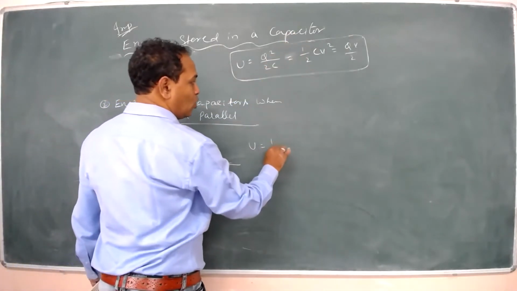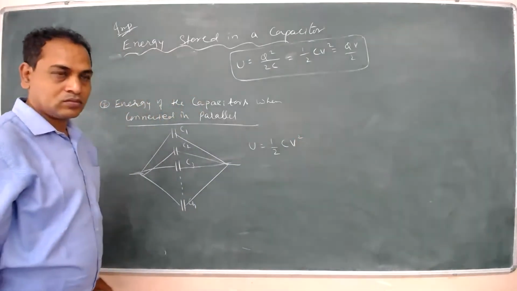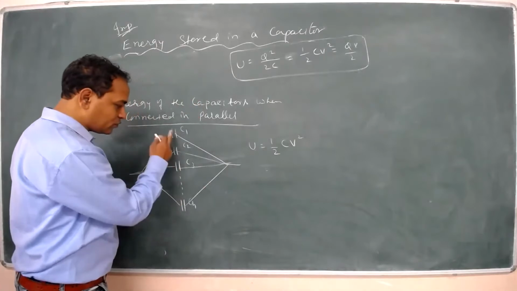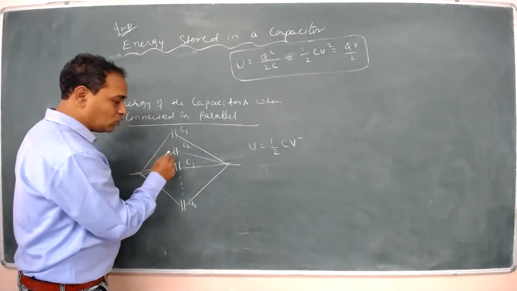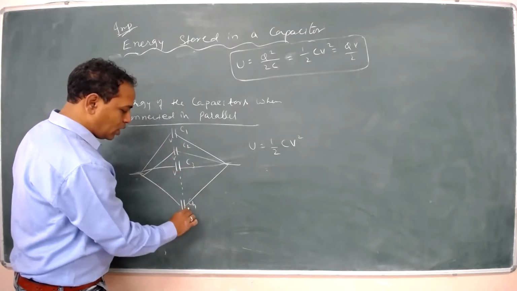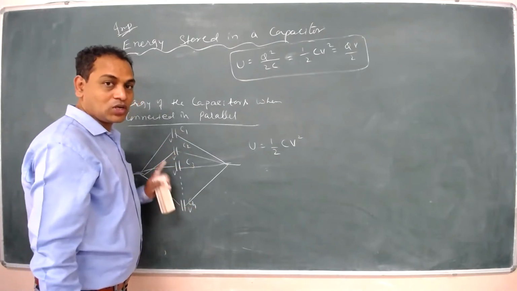If I take 1 by 2 into C into V square, then as we know, in case of parallel, the charge will be divided, the potential will remain same. Across all the capacitors, the potential is same, only the charge is divided.